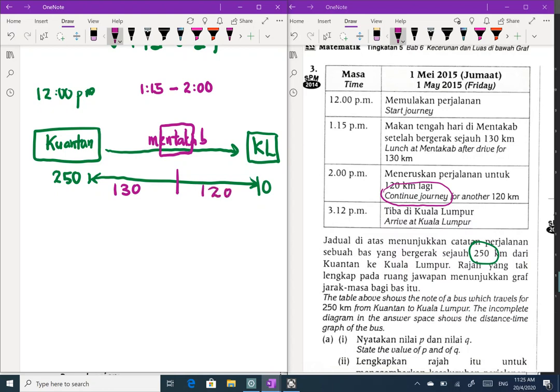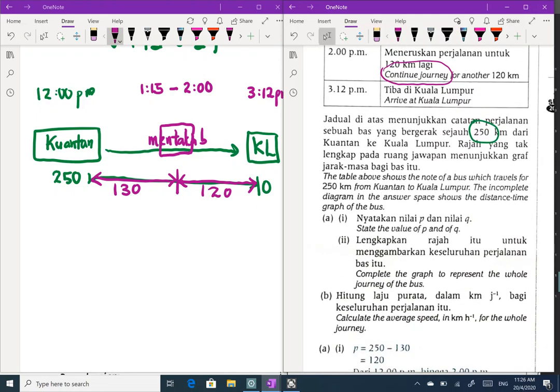Total you just get 250. 到Mentagap的时候，你一共走了130。Okay. After that, arrive KL at 3:12 p.m. Okay, the question comes.